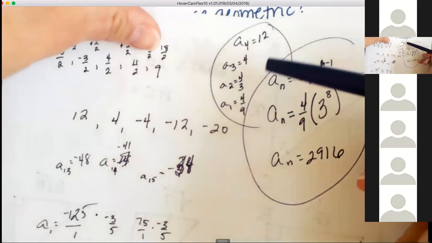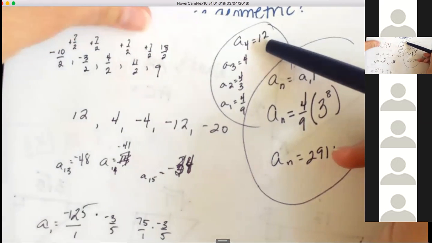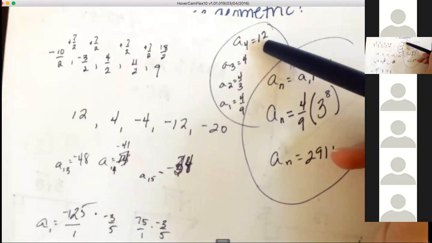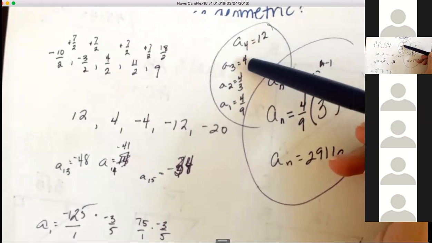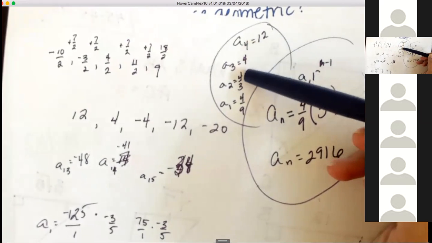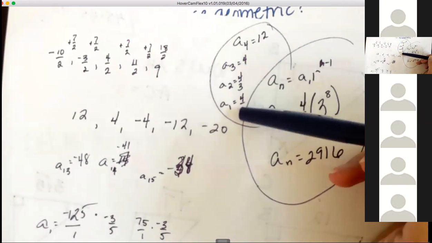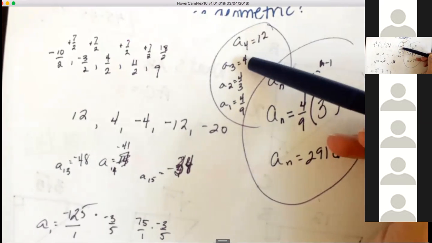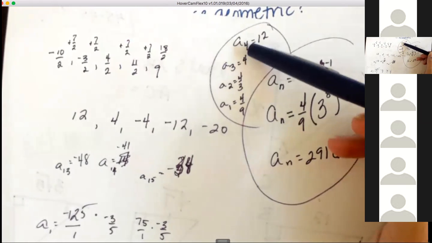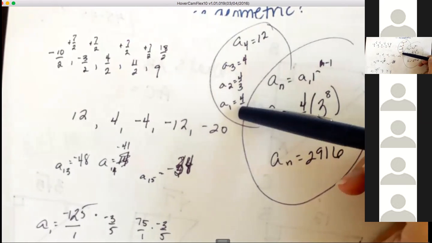Some of my scrap work was if I knew what A4 was, I could work my way back if I knew what the ratio was. I divided by 3, I divided by 3, I divided by 3. So you could either work back or forward and honestly just work with what the numbers were, and I just wrote them all down.